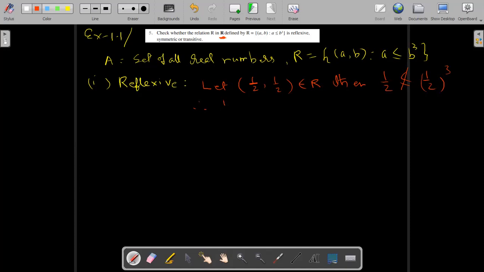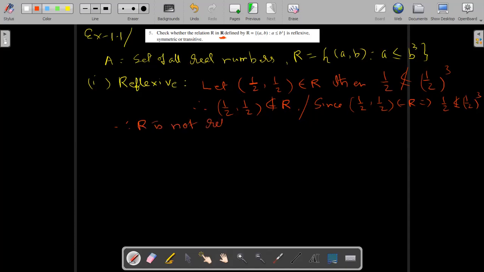Therefore, (1/2, 1/2) does not belong to R. Like this we can write, since (1/2, 1/2) belongs to R implies that 1/2 is not less than or equal to (1/2) cube. Therefore, R is not reflexive.